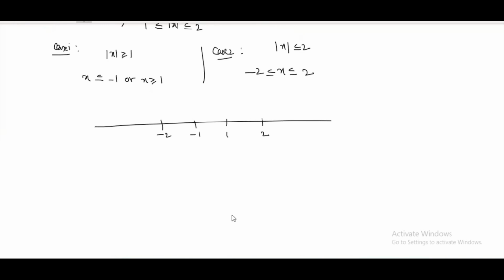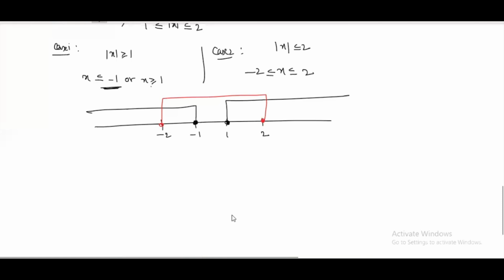What we got is x less than or equal to minus 1. Here at minus 1 it is a closed interval. And x is greater than or equal to 1, here also closed. Next, x lies between minus 2 and 2, so both are closed intervals.